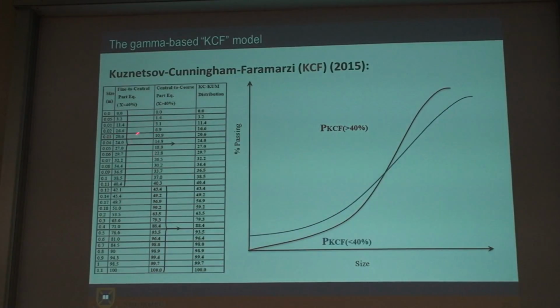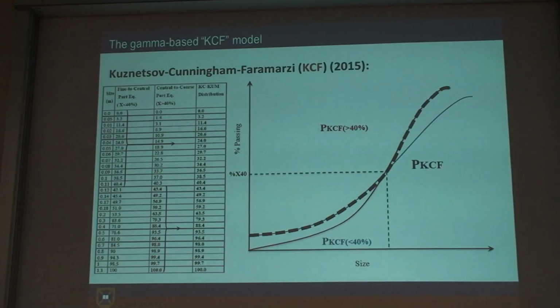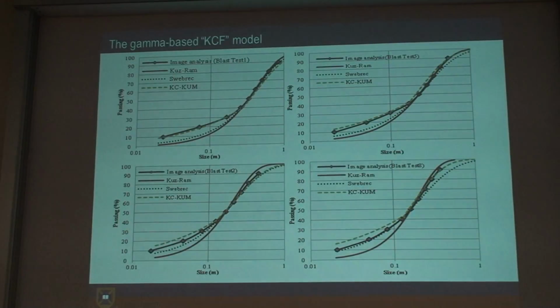For the fines part, we need only this part, and if we connect them at the 40% passing size, they cross each other at 40% passing size, because we use the values around the 40% passing size. The final distribution curve will be something like this. And I validated this model with full-scale blasts.